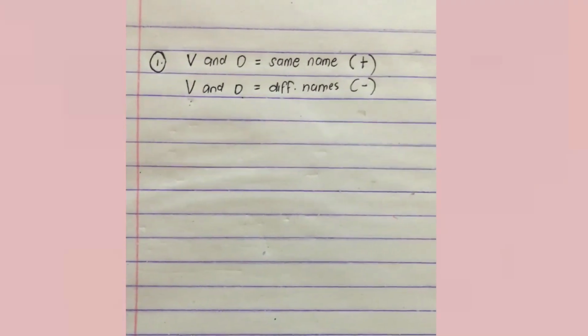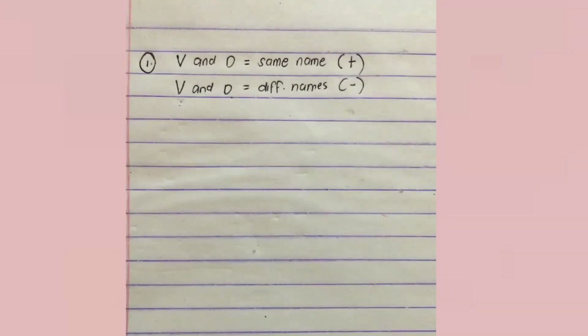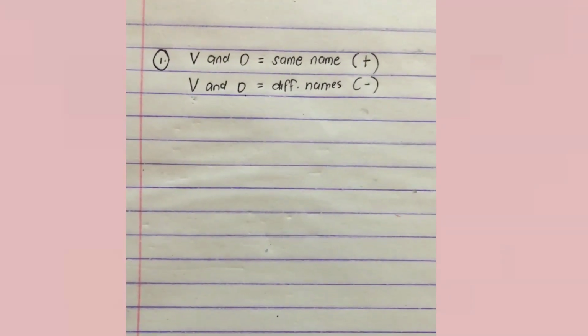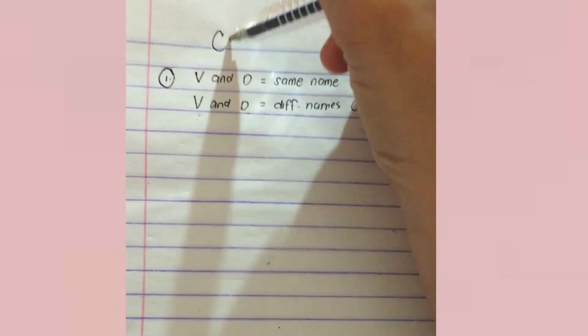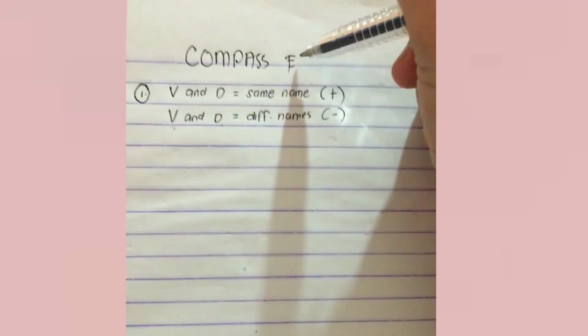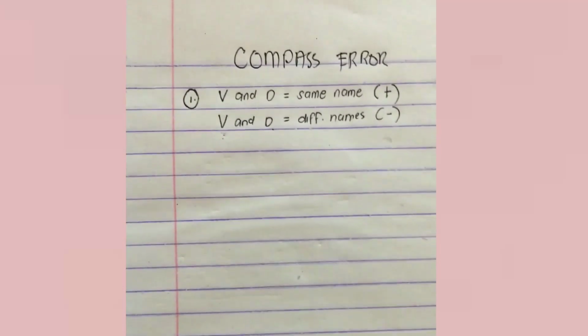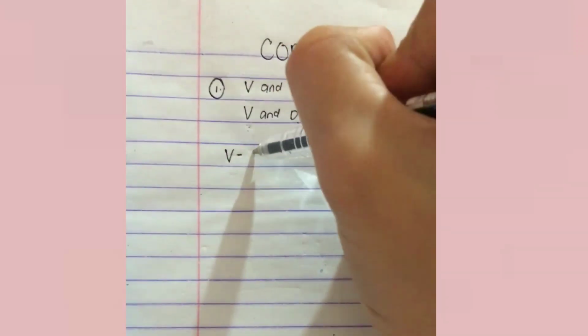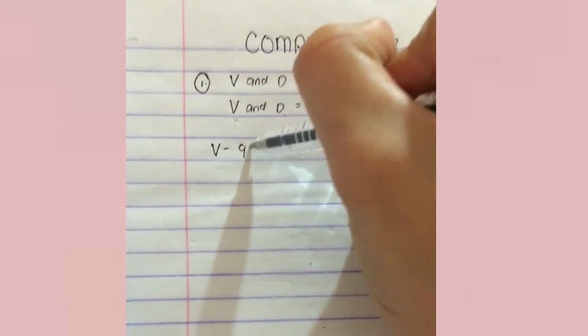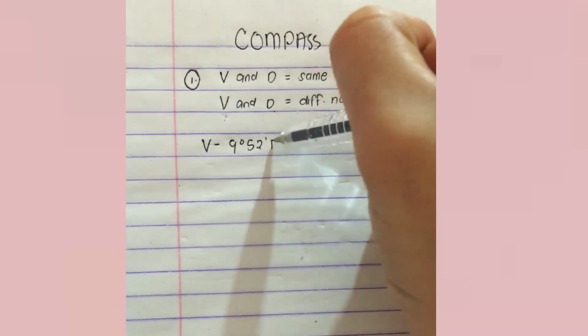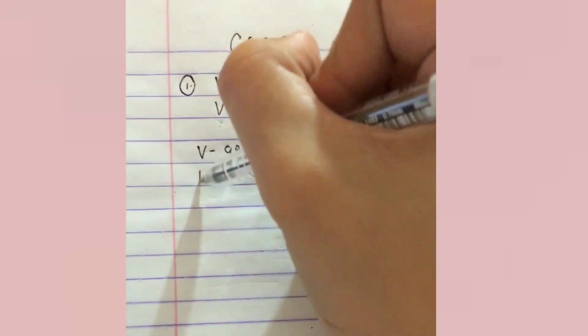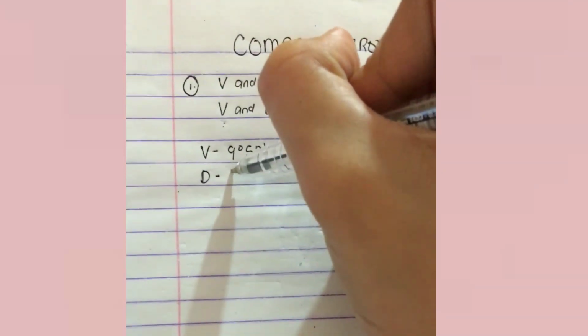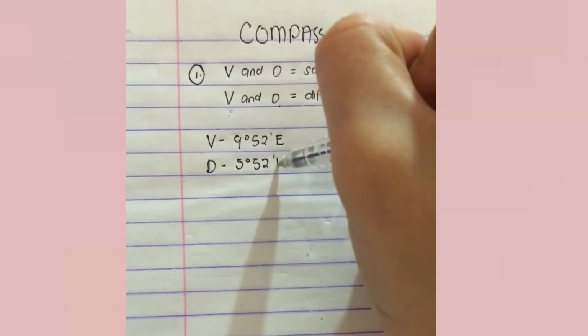Now I will show you an example of how to calculate the compass error using this rule. For example, we have our variation, which is 9 degrees 52 minutes east, and our deviation is 5 degrees and 52 minutes west.